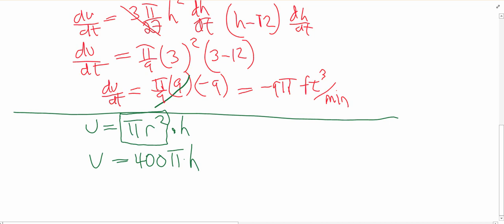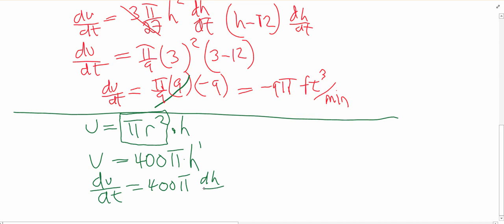And if we take the derivative of this, what do we get? We just get dV over dt is equal to 400 pi. The derivative of that to the first power just goes away, right? 1 times 400 pi.